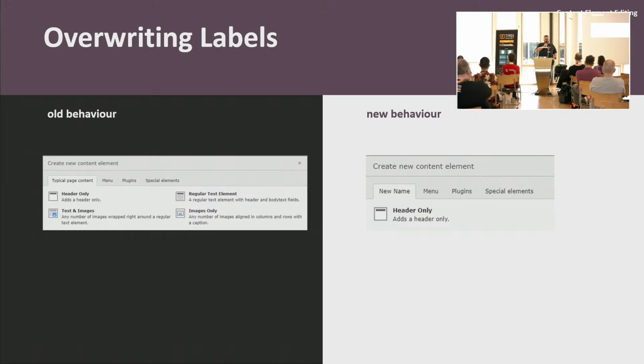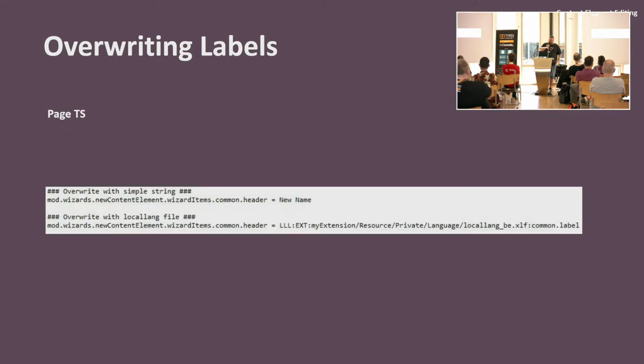And the name we have, typical page content, can be overridden to be a little more specific for the customer. You can override this with mod.wizards.newContentElement.wizardItems.common.header. You can set a new name for a multiple-language backend with a locallang.